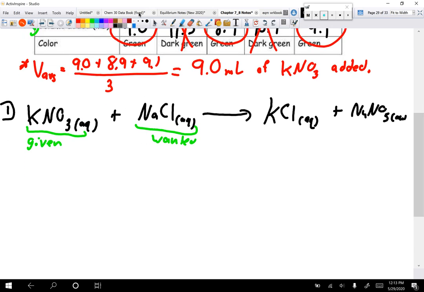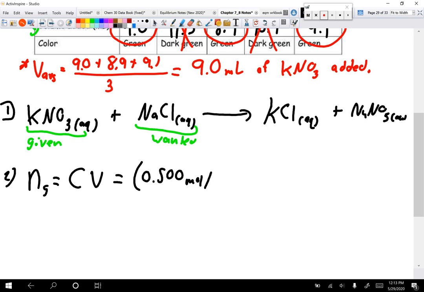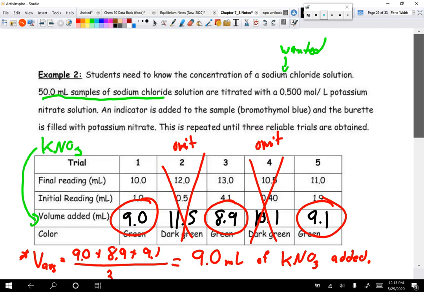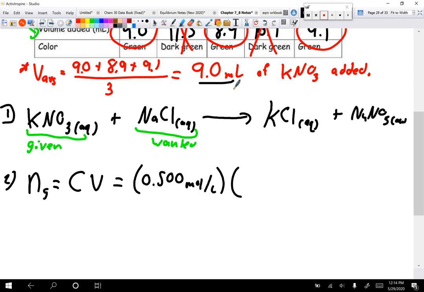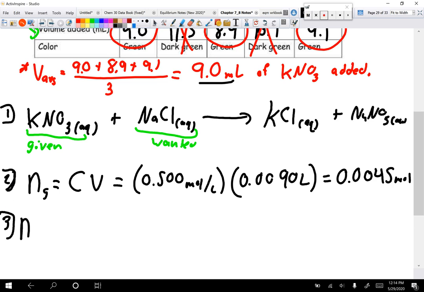So next step, 2, number of moles of our given is equal to C times V. So the concentration up above, we had a 0.500 moles per liter solution of our potassium nitrate, and on average we used 9 milliliters, so that into liters we divide by 1000, get 0.0090 liters, and we get the total number of moles of 0.0045 moles.